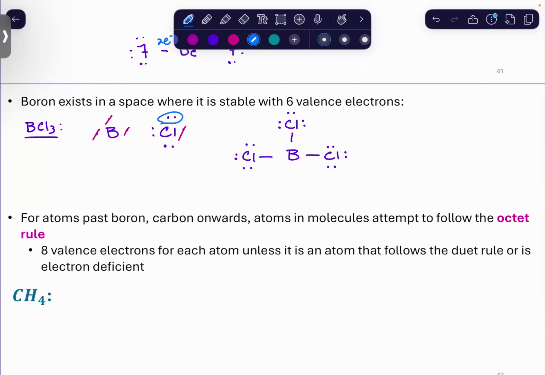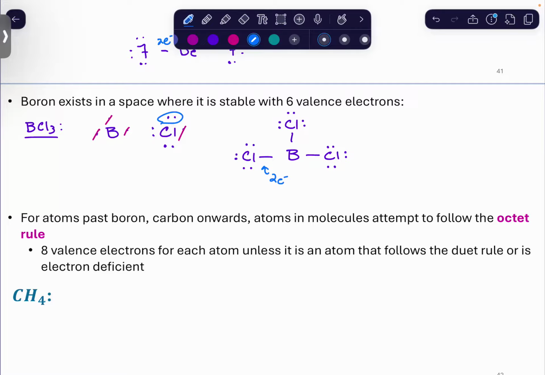These are the electrons that were not used in bonding, so I replaced them. Now you look, each one of these is 2 electrons. So boron is pulling in 6 electrons around itself. It's still electron deficient. It does not meet the octet rule, but it's very stable and very happy there.